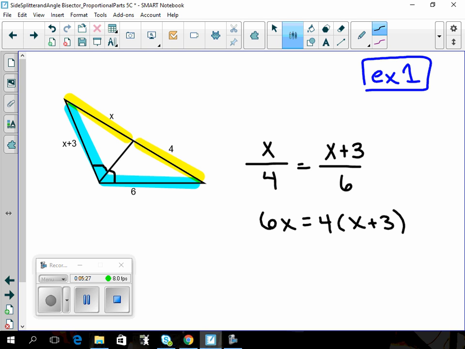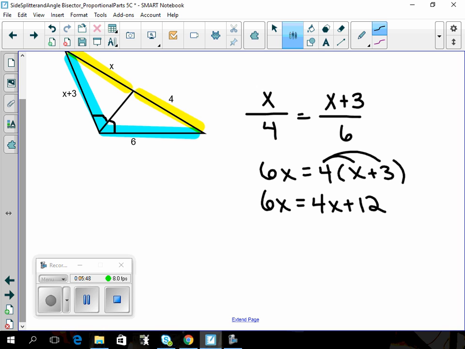Because distribute. I gotta distribute, right. And I'm going to distribute that 4 to both pieces. I have x's on both sides. Got to start moving stuff. What do you want to move? The 6 or the 4? The 4x, sure, that's a good idea.